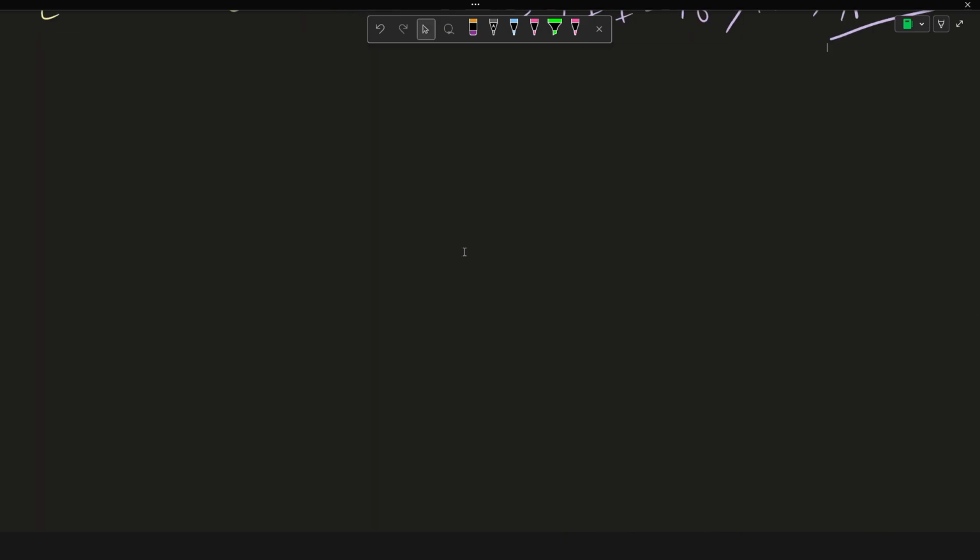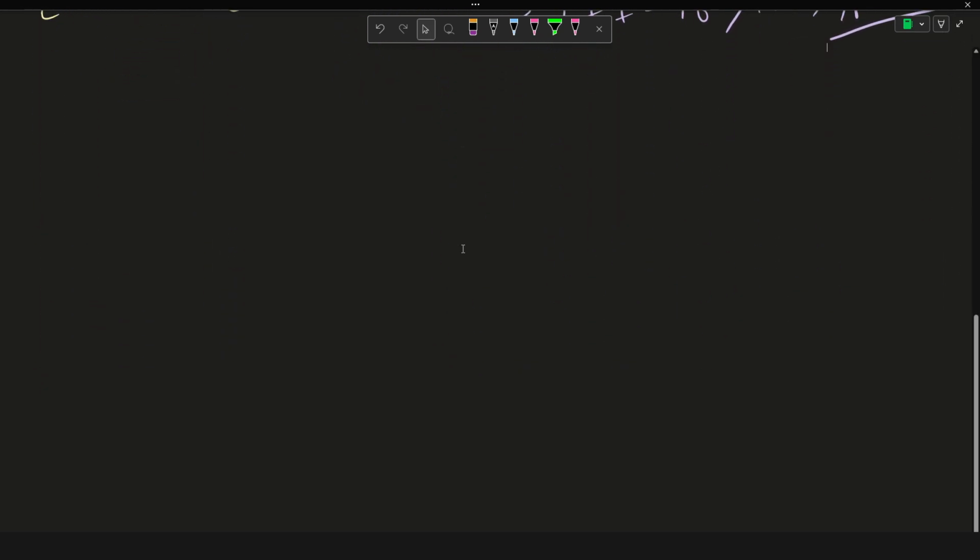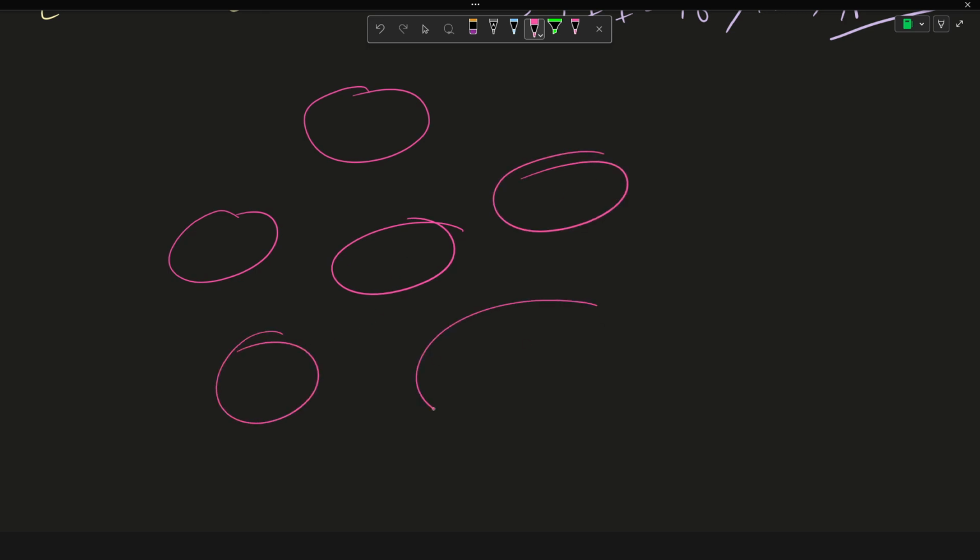But what if our given graph was pretty large? Like if you see in the given example input, then this graph is fairly small, and you will probably wonder why dynamic programming should be implemented here. I understand that, but just consider that the given graph was very large. So there would have been multiple components, right?